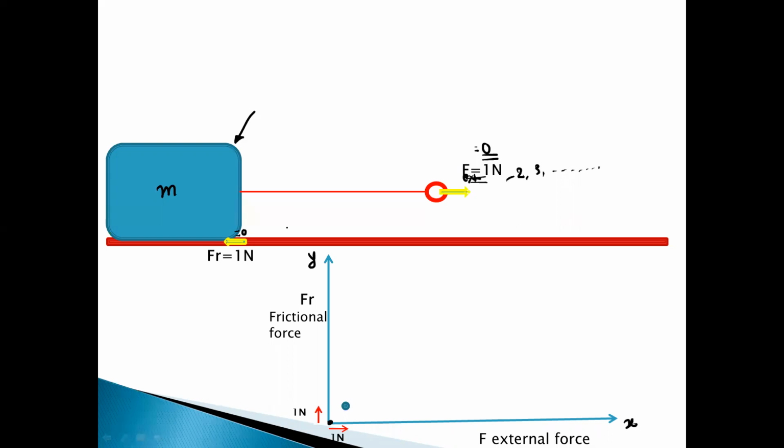And there will be one limiting condition. After that, the object will come into motion, that is a dynamic state. Up to that limiting point, the object will remain in the static condition.